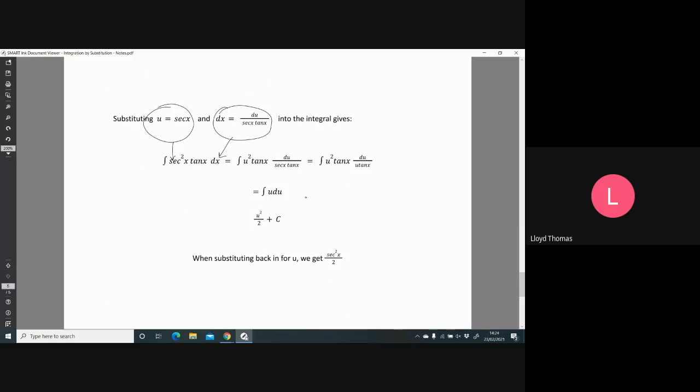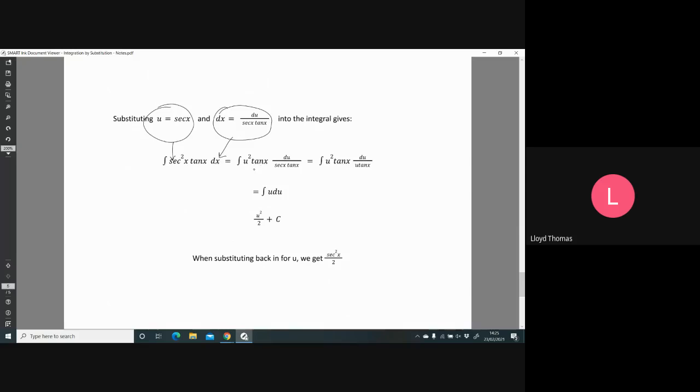Okay, now we need to think, how do I simplify this? Now, there's a little trick with this one. I don't necessarily want to write over it because I don't know how to rub it out. But your immediate thought might be, well, can't I just cancel tan x with tan x there? And then I'll be left with just 1 over sec x, which is potentially true.